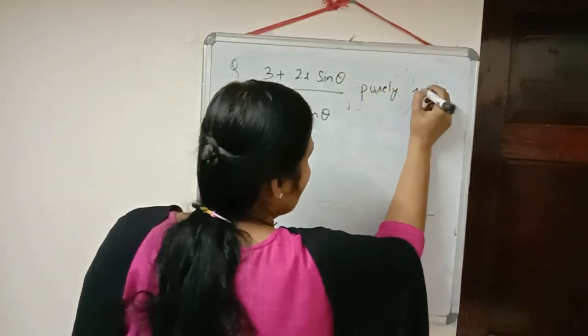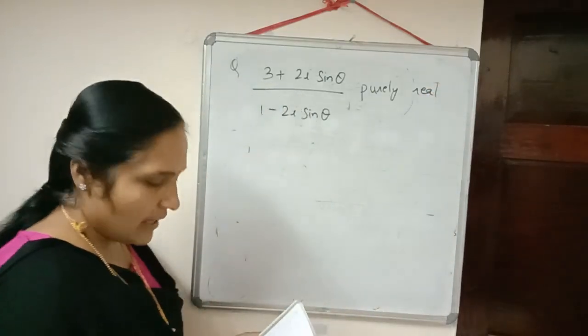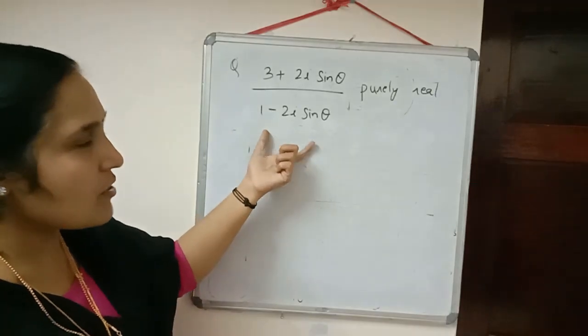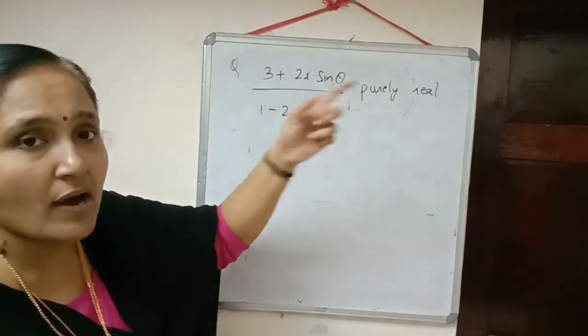This number should be purely real. We have to find out that particular value of theta so that this complex number should become a purely real number.